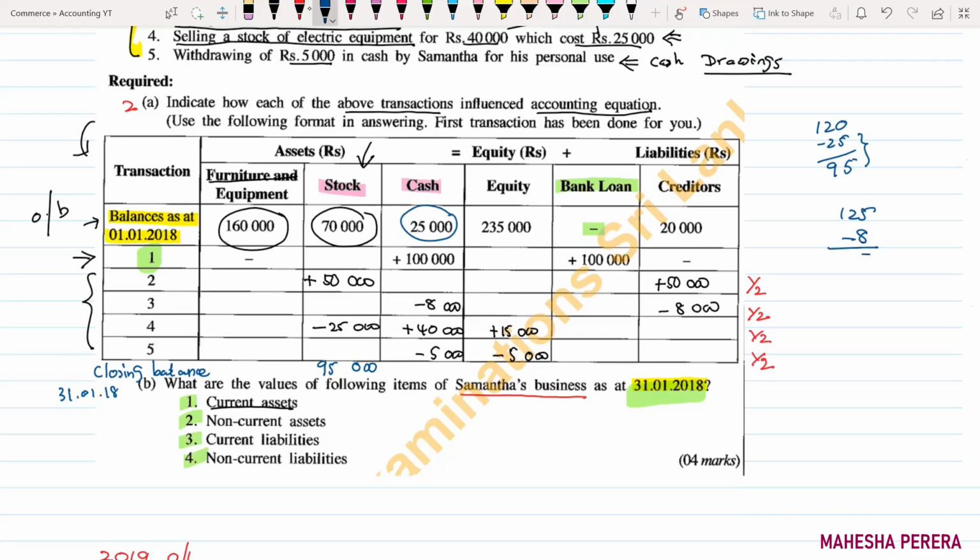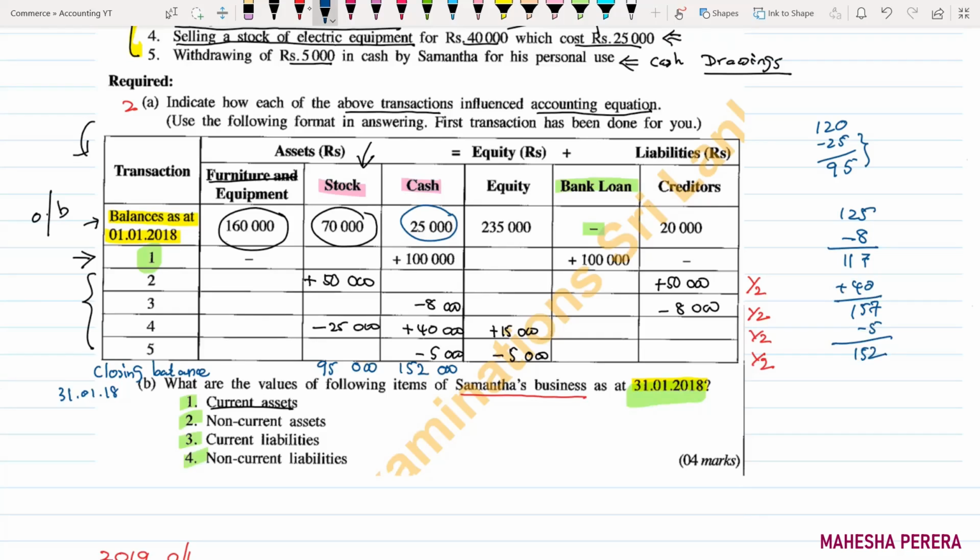So this will become 117, right? And then for this, you need to add 40,000. It will become 157,000. And from this, you need to deduct 5, right? So you get 152,000. So this is the cash closing balance. Month-end balance should be 152,000.